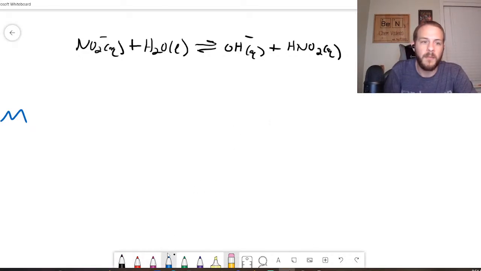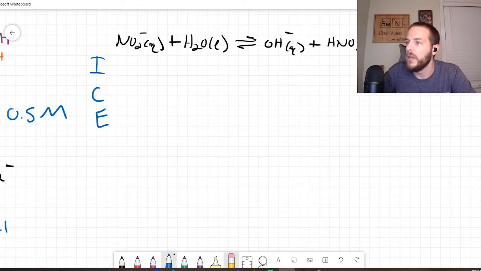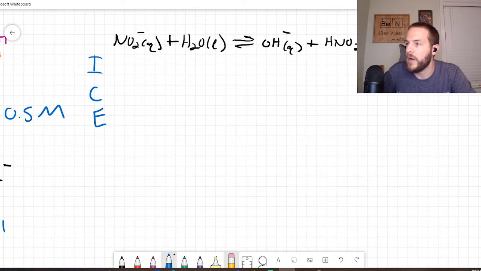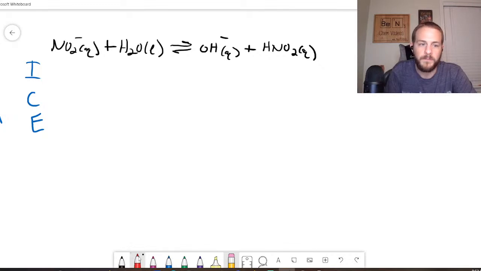So I'm going to set this up like an ICE table. We're going to have I for initial, C for change, E for equilibrium. As a moment ago, we established that our concentration of nitrite ion is 0.5 molar, and so initially we have 0.5 molar nitrite ion. We're going to assume that we have essentially no OH minus and no HNO2. The change is going to be minus a certain value, which we'll call X, in the case of the reactant here.